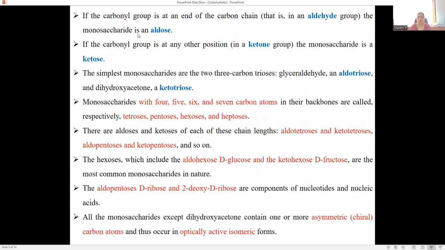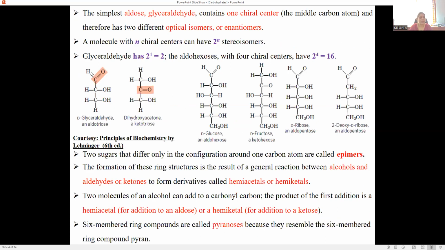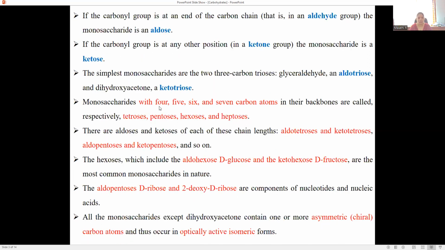Now, based on the functional group, we already saw it can be an aldo sugar or a keto sugar, or you call them aldoses or ketoses. If it is CHO like this, you call it an aldo sugar. If it has only C double bond O, you call it a keto sugar. Now based on the number of carbon atoms, you will classify the carbohydrate into either tetroses, pentoses, hexoses, or heptoses.